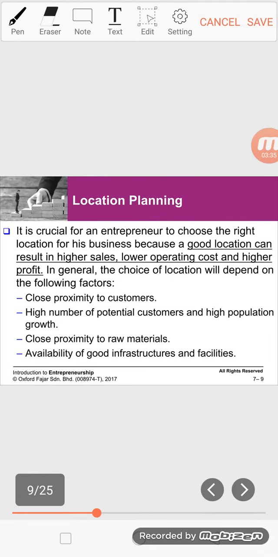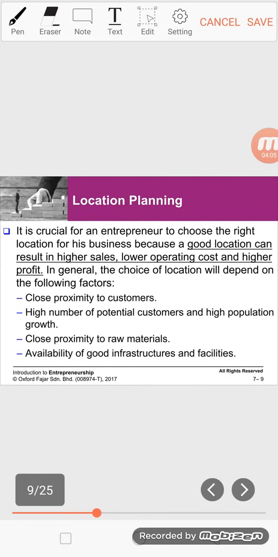Okay, so location planning. A good location can result in higher sales, lower operating costs, and higher profit. Come to think of it, if we have a product or a service, of course we want to display our product or market our services in a place where it will reach the maximum number of audience or customers.